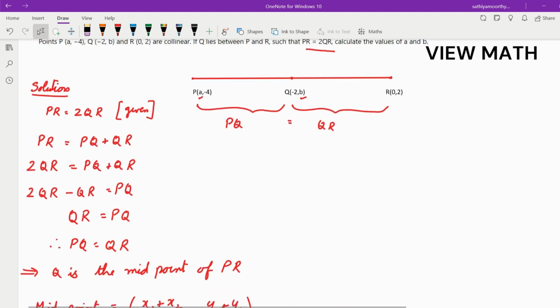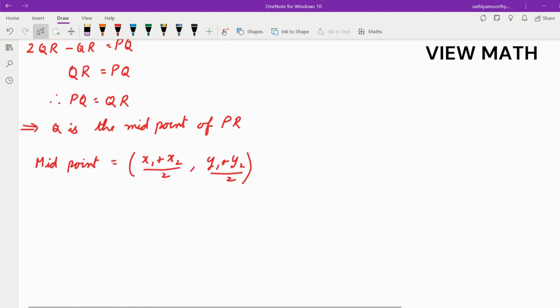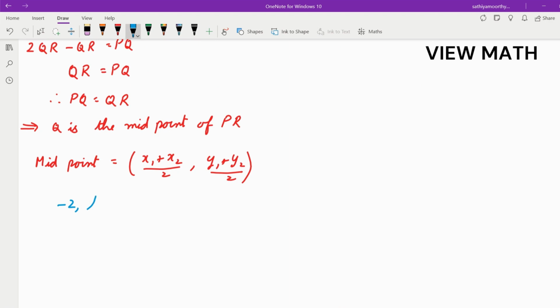So here Q is the midpoint we know, so I'm going to substitute this. This is my x1 y1 and this is my x2 y2. The midpoint is minus 2, b.